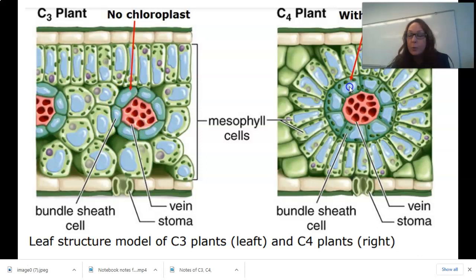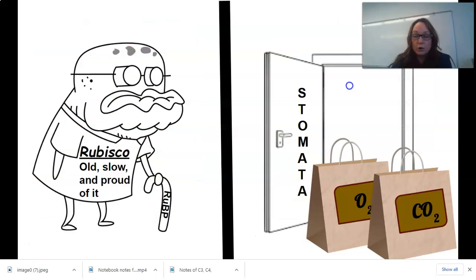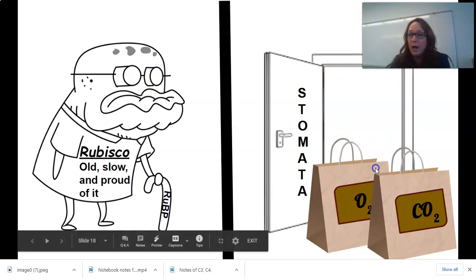In a C4 plant, they have chloroplasts. So they're like, hey, give me Calvin cycle with rubisco. Let me help separate rubisco from the gases. For our story, this would be rubisco. We can put his process over into the bundle sheath cells, which don't have exposure to the oxygen or the carbon dioxide. So these would be the mesophyll cells that are the parenchyma.